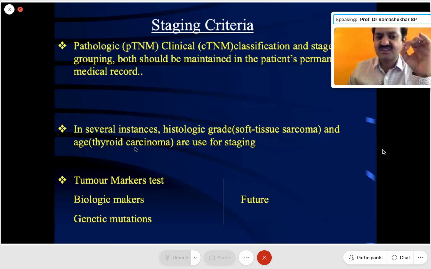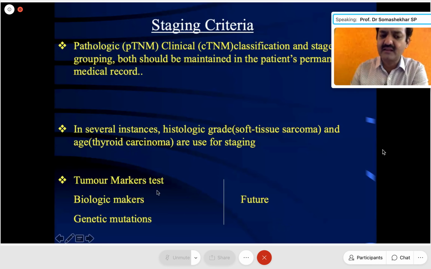And age in thyroid cancer is important. So there are more than TNM which are integrated, grade in soft tissue sarcoma, thyroid, age. There are some other places where tumor markers and biological markers and genetic markers are there. Biological marker is incorporated in the new AJCC staging of breast cancer.